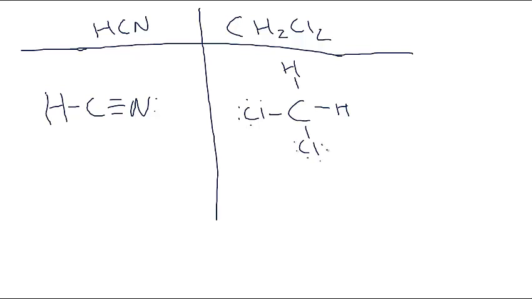Now, I heard one question when I was walking around: does it matter where I put the Cls or the H's? For us right now, no. So we're not going to worry about where we put the Cls or the H's. The only thing you needed to make sure is that all the lone pairs are represented on the Cls. So how many domains does this carbon have? 2. And how many does this carbon have?